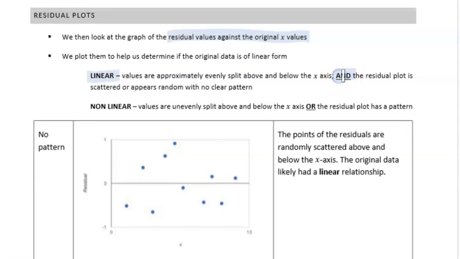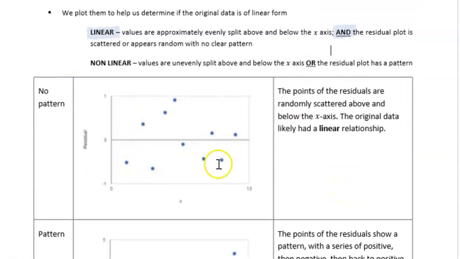And importantly, you also need your residual plot to be random, no clear pattern, just a bunch of dots. Whereas previously with the original data, you want to see that linear pattern, that straight line pattern, if your data is in fact linear, your residual plot should have no pattern at all, should be nice and scattered. So we have an example here of what a no pattern linear relationship looks like as a residual plot.